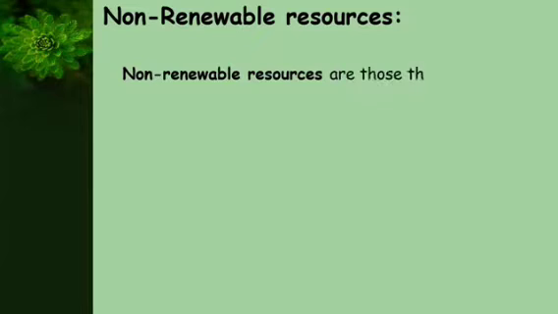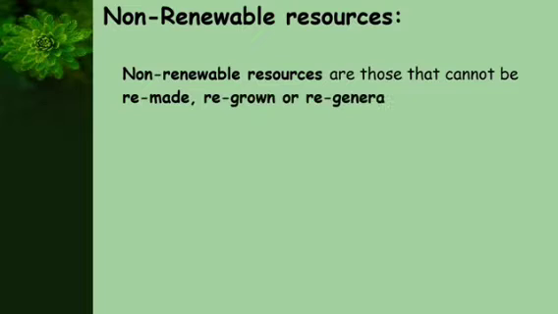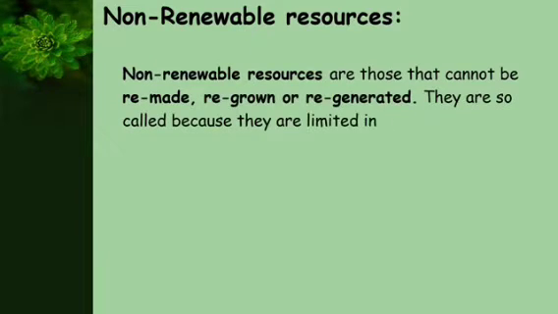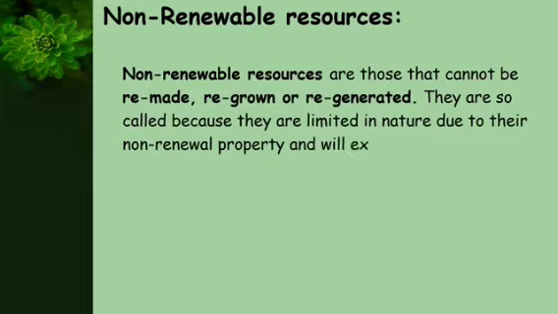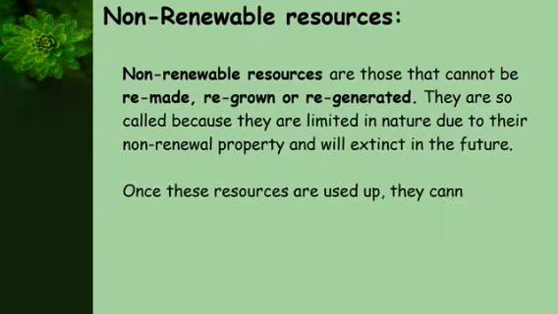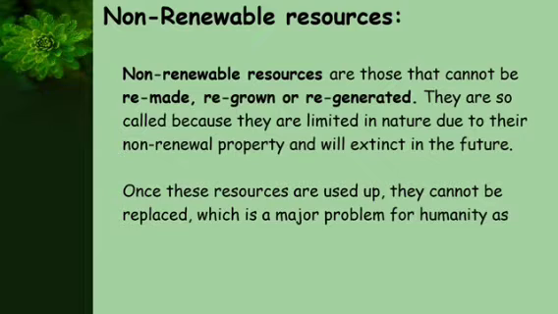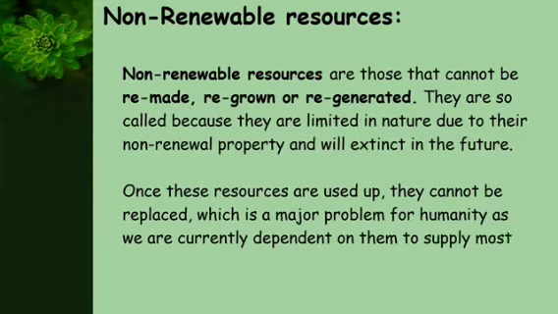Renewable resources such as solar, wind power, and water are unlimited in supply. Non-renewable resources are those that cannot be remade, regrown, or regenerated. They are so called because they are limited in nature due to their non-renewable property and will go extinct in the future. Once these resources are used up, they cannot be replaced, which is a major problem for humanity as we are currently dependent on them to supply most of our energy needs.